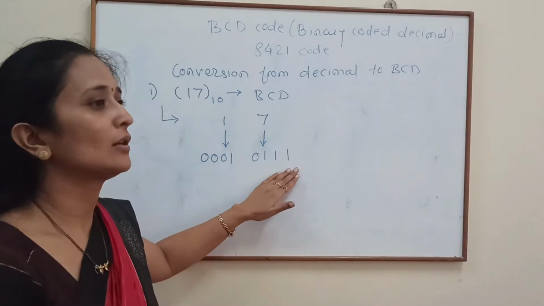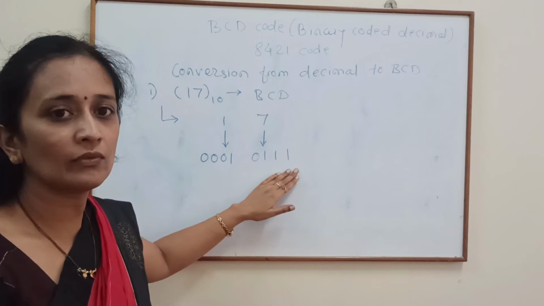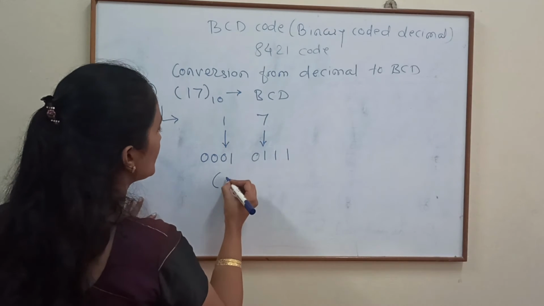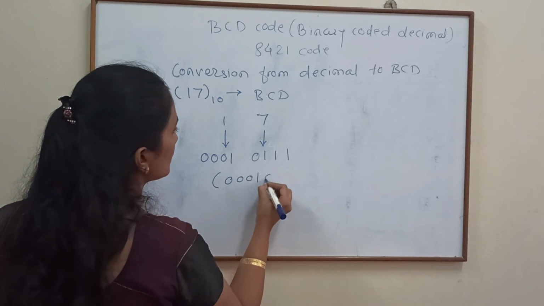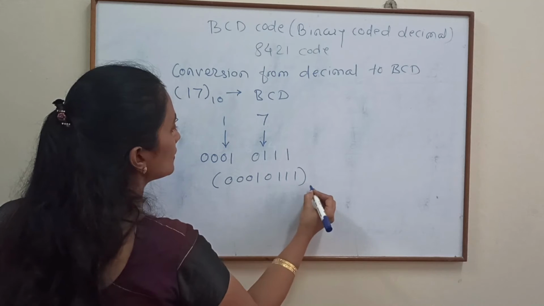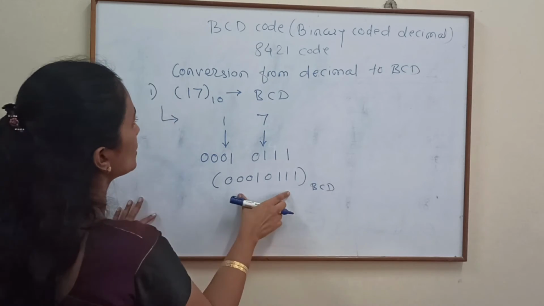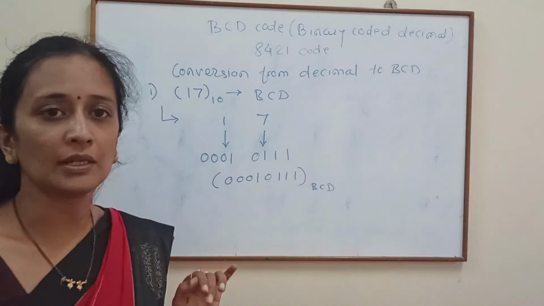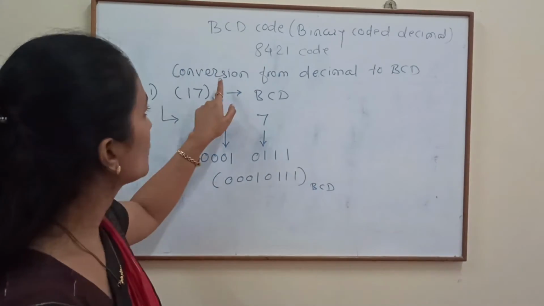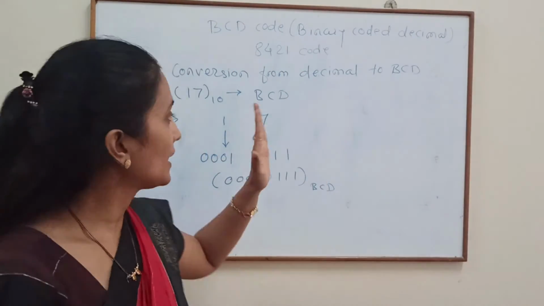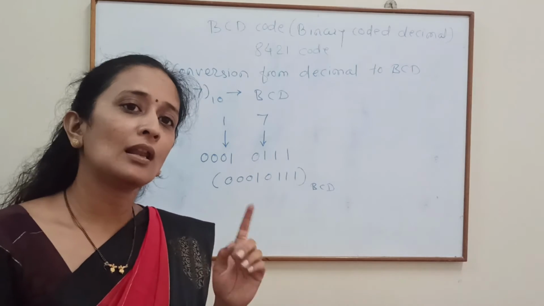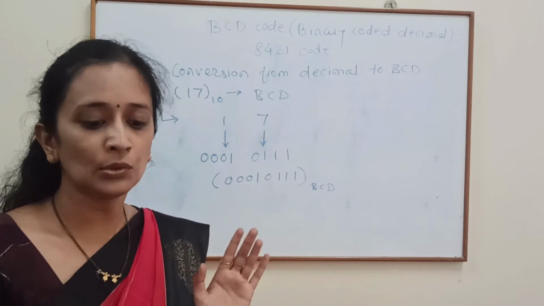The whole number combination of the two digits' equivalents will be the BCD equivalent of decimal 17. Understood? This is the method for conversion from decimal to BCD. It is exactly the same as conversion of decimal to binary.